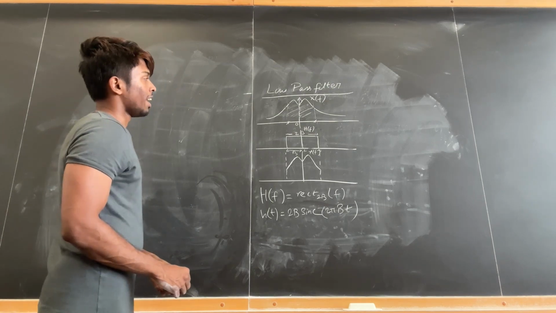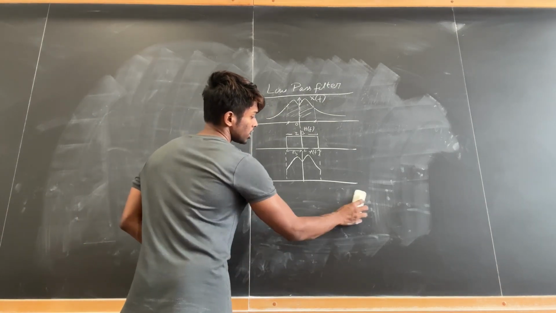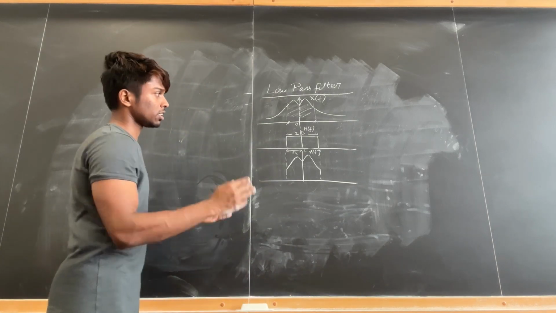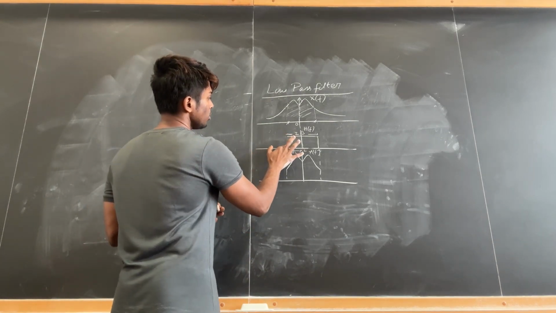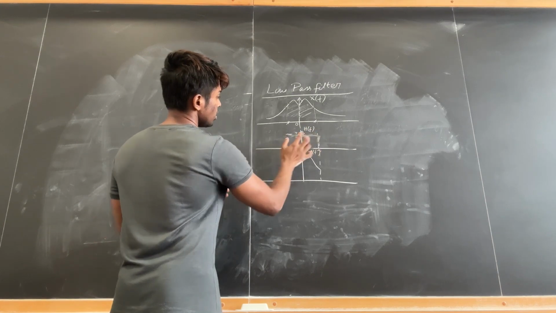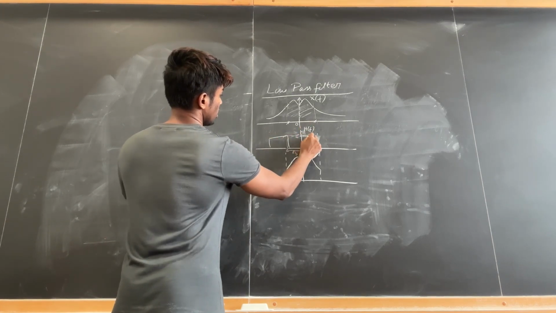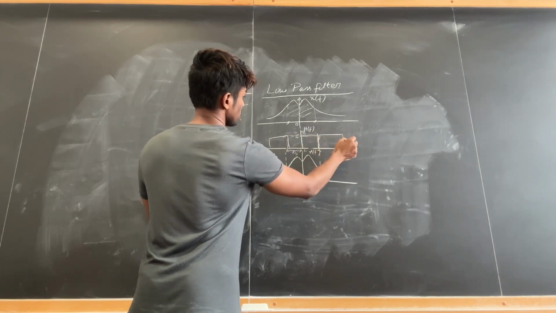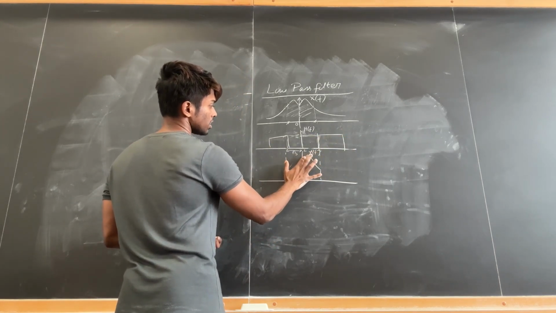Now how to design a high pass filter? The high pass filter, on the other hand, shall only pass the higher frequencies greater than that bandwidth. So the rectangular function should be rather on these portions and these portions. Those will pass the higher frequencies.